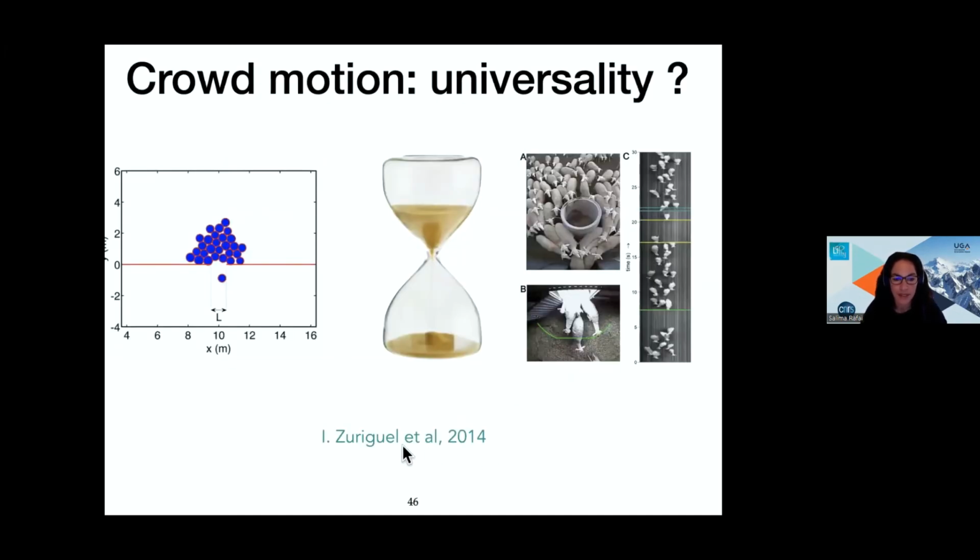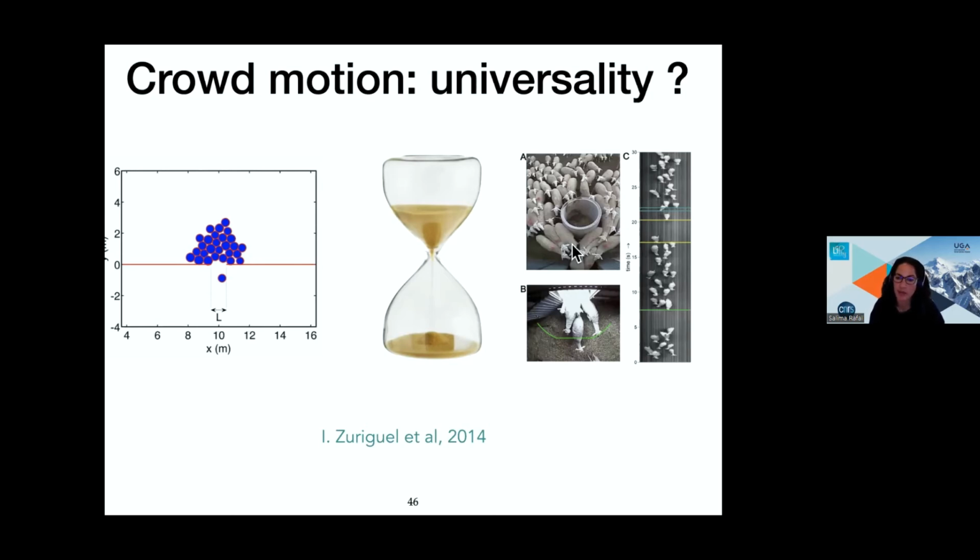And there's a very nice proposal of Zuriguel and collaborators, where in this paper they propose to quantify many different systems, suspensions, grains, or even ships, with the same phenomenological approach and the same observable.